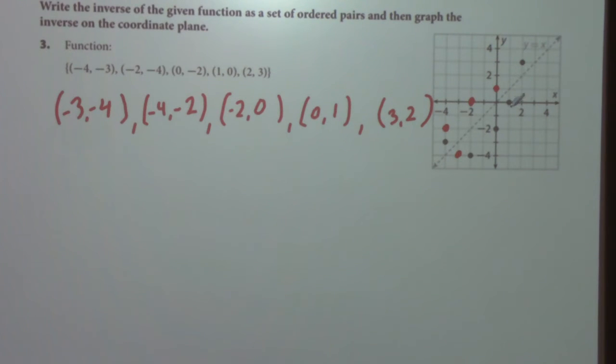And finally 3, comma 2 will go right here. Do you notice the pattern here? Okay, we are reflecting about this dotted line y equals x.